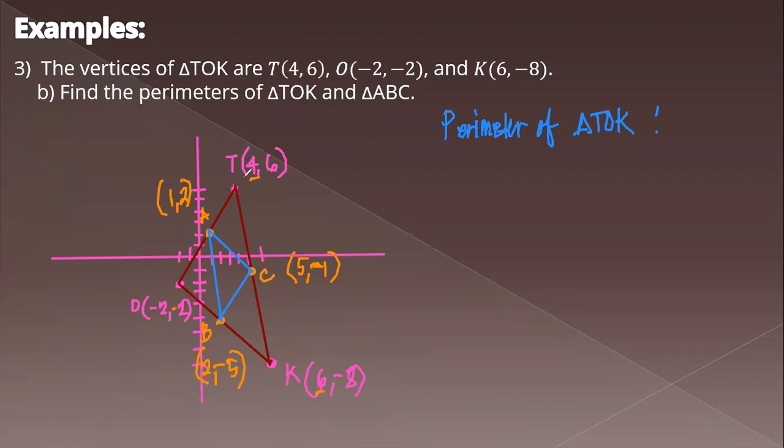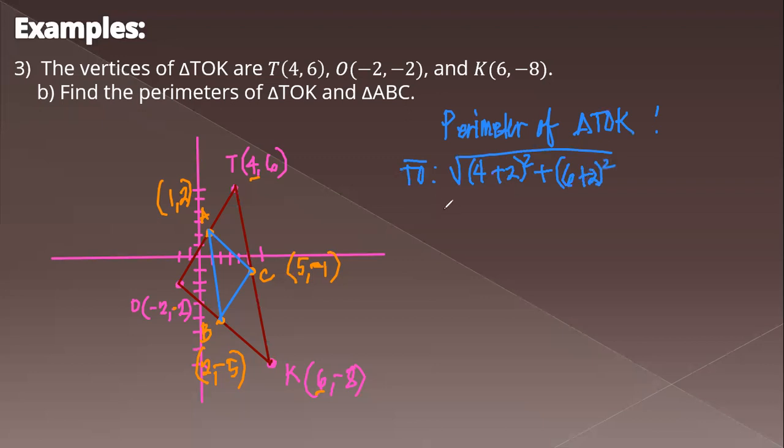Ang TO, so segment TO, that is the square root of, we have 4 minus negative 2, that is positive 2 square, plus we have 6 minus negative 2, that is positive 2 square.